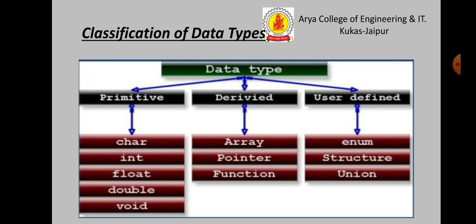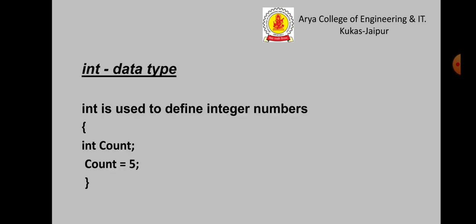Derived are the data types that are derived from the primitive data types, like array, pointers and functions. And the user defined data types are the data types that are declared by the user, or by us as a programmer, but they also use the primitive data types.